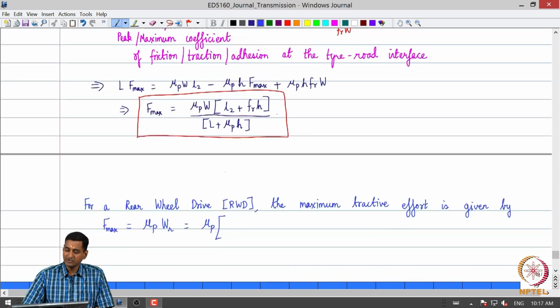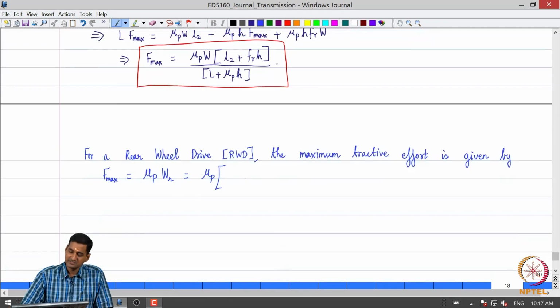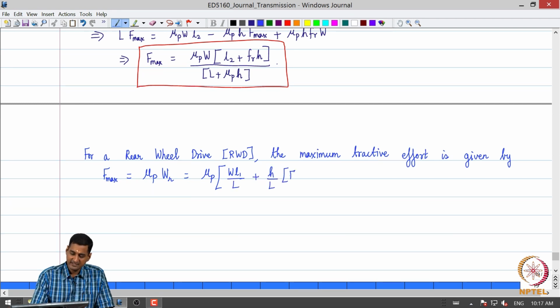What is WR? If you recall, it is W L1 by L plus H by L times F max minus RR. We do the same simplifications here.